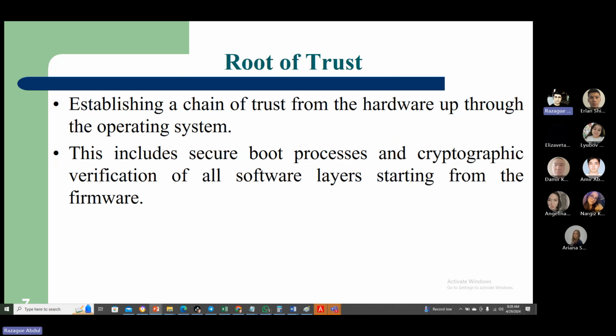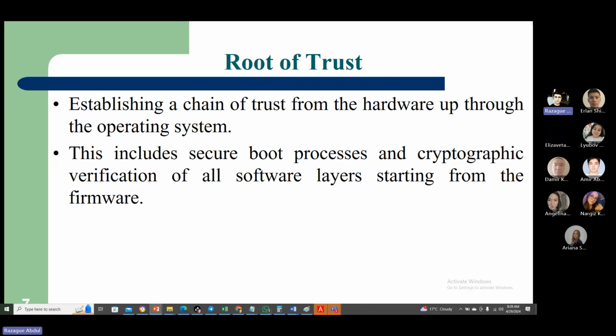The second component is hardware-based security. Root of trust relies on hardware to provide a secure environment for cryptographic operations that underpin the trust chain. This often includes certain features. So what kind of features do we need for hardware-based security? First is a trusted platform module. It's a secure crypto processor that provides hardware-based security functions.